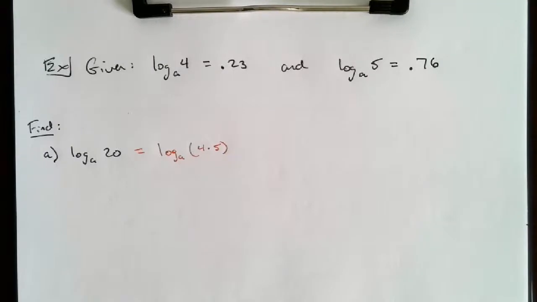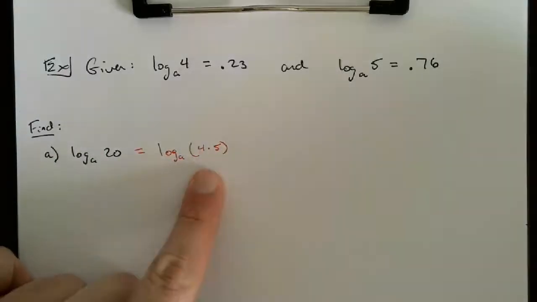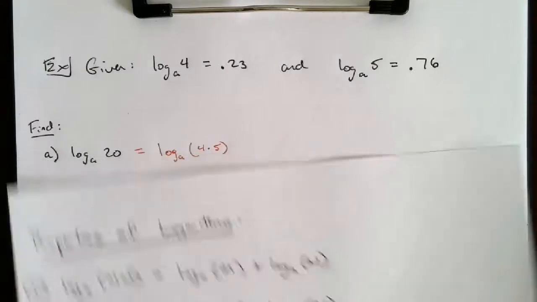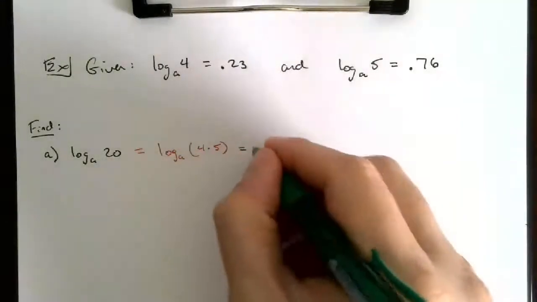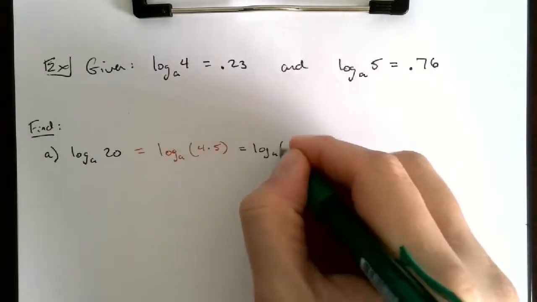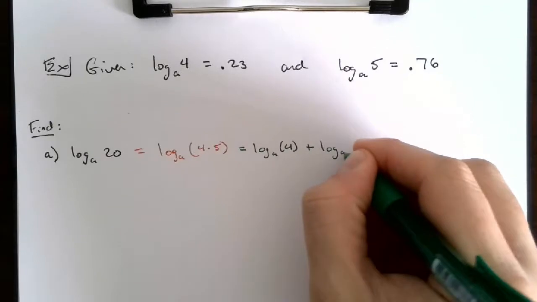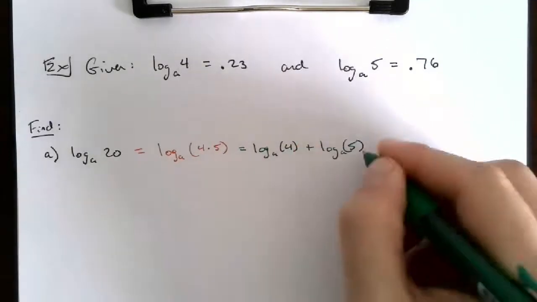And then we can use the rule that we had about, right, if we have a product with multiplication inside the logs, how do I rewrite it? Well, I can rewrite that using the first rule as addition of the logs individually. So I can rewrite this as log base A of 4 plus log base A of 5. And you can put parentheses around that or not for the argument.